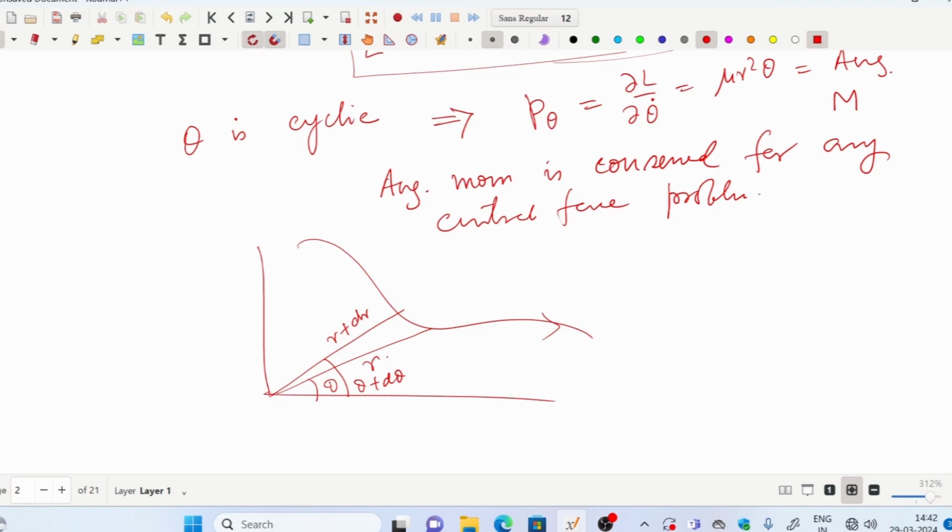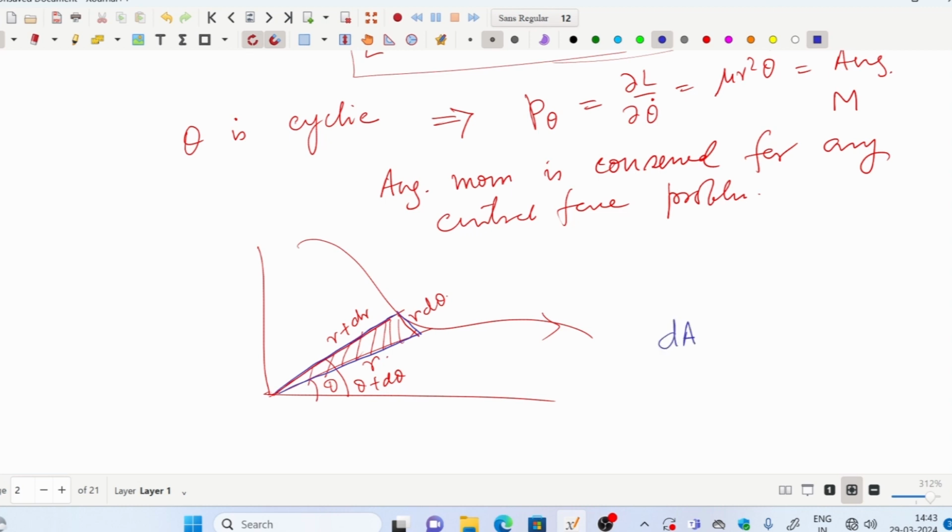Now, look at the area covered in some infinitesimal time dt by the particle. If we consider this triangle, that will be the area covered in the infinitesimal time dt.